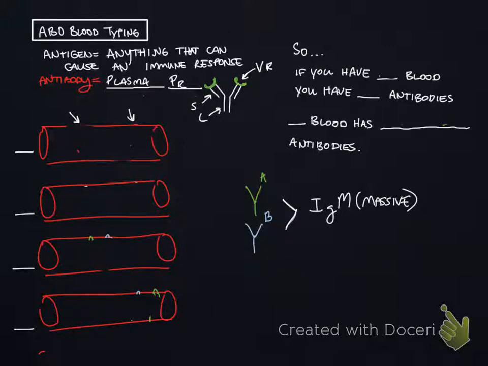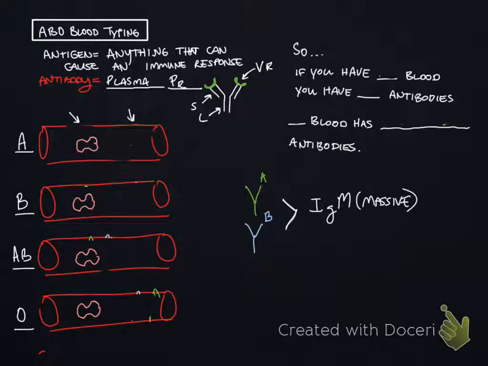Okay, so now let's talk about blood typing. I'm going to start off with just the ABO and leave off the negative part for now. So we know we have type A, type B, type AB, and type O blood types. So if this is our red blood cell, and in type A blood, type A blood has what type of antigen?